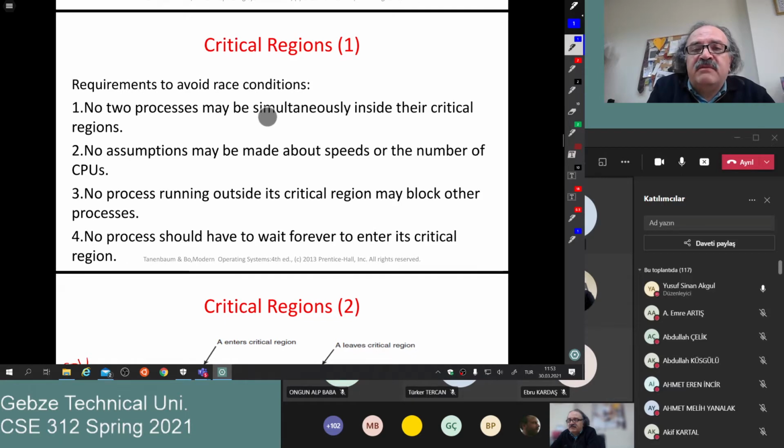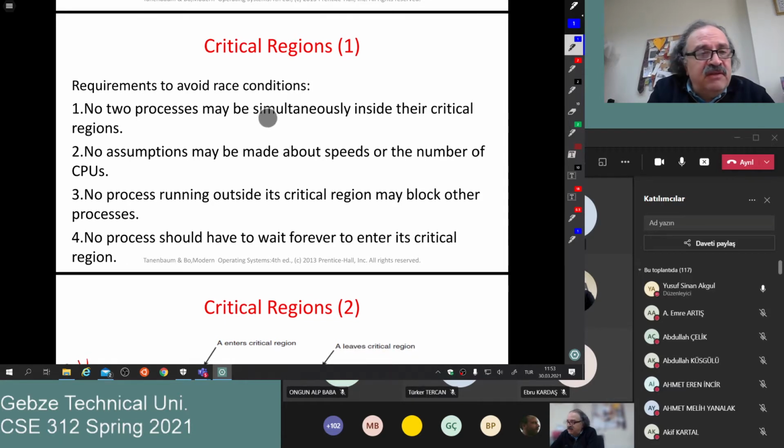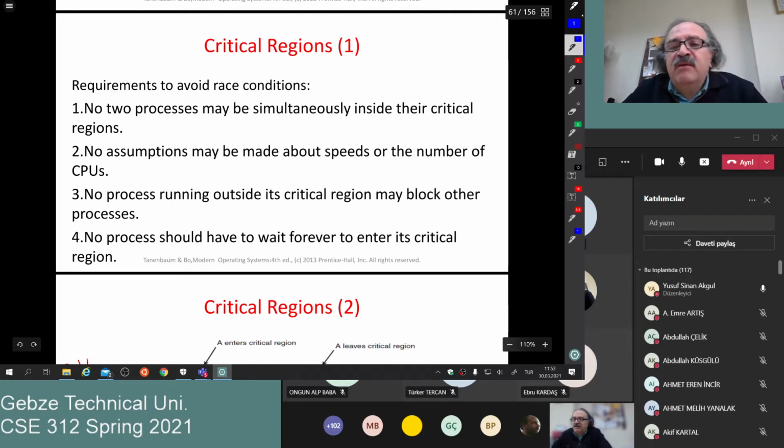We satisfied this one: no two processes may be simultaneously inside their critical region. But we violated number 3. That's because we assume that both processes are running at the same speed. So we made an assumption about the speeds of the process executions.